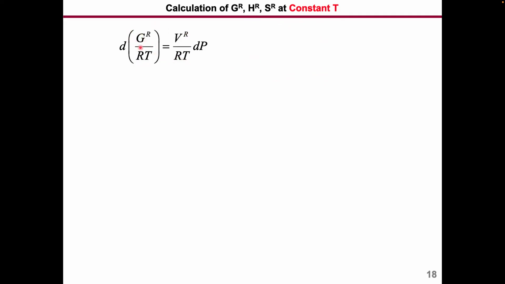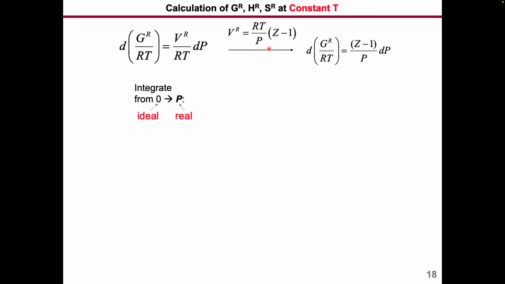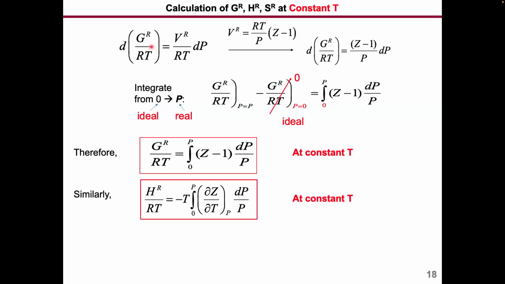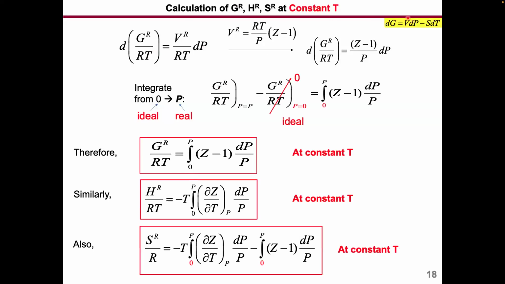First thing first, let's talk about GR. dGR divided by RT is going to be VR divided by RT dP. Here at constant temperature, we have this relationship: dG is equal to VdP minus SdT.